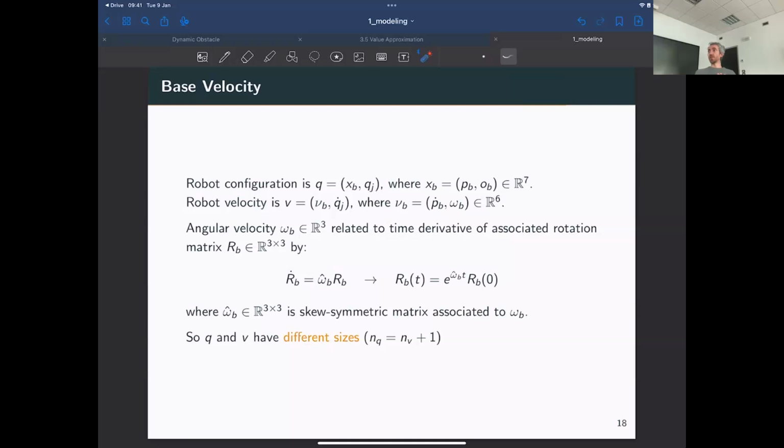It's just that people working with mobile robots typically are lazy, since they use a 2D representation. You do x, y, theta, where theta is the angle. So that would correspond to a minimal representation for the orientation, which is not very good.